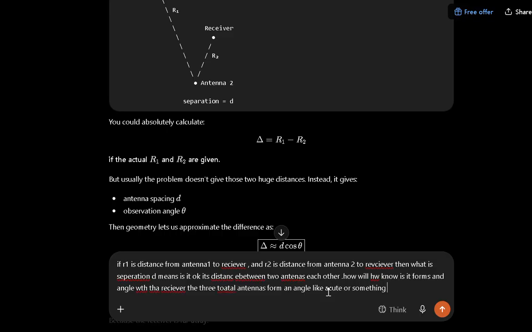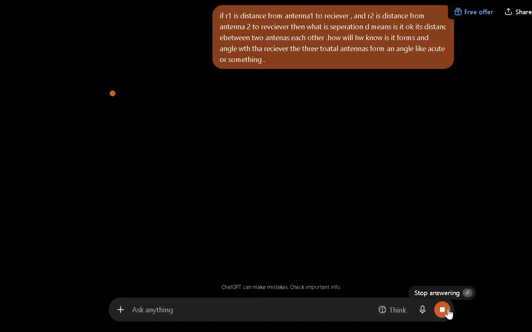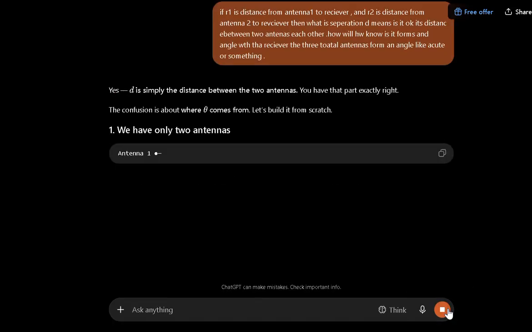How can the angle be known, as d is simply the distance between the two antennas?